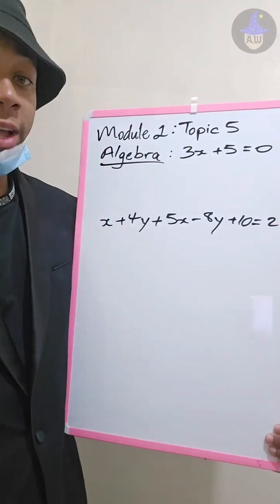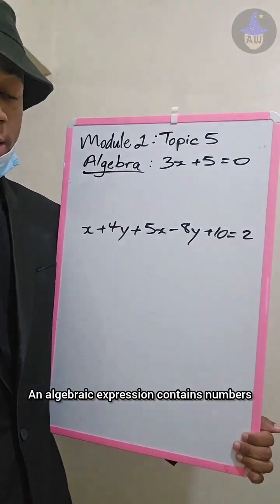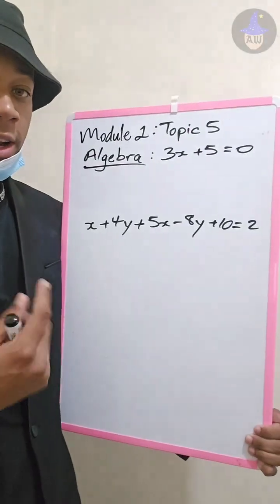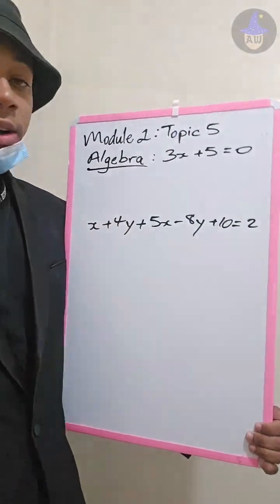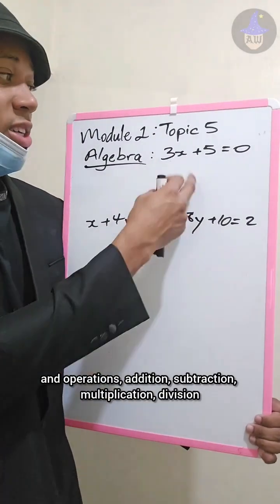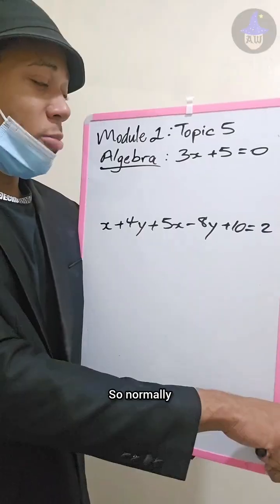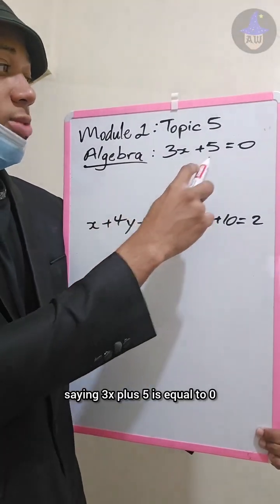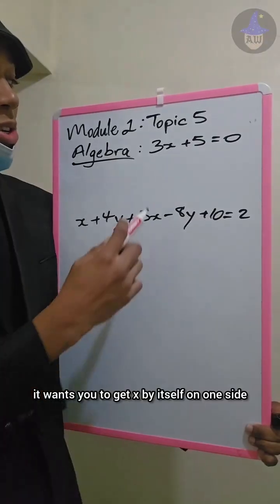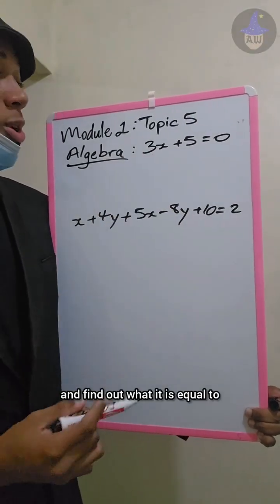So topic 5, algebra. An algebraic expression contains numbers, letters, which you can call variables like x and y, and operations: addition, subtraction, multiplication, division. So normally, when you see a question like 3x + 5 = 0, it wants you to get x by itself on one side and find out what it is equal to.